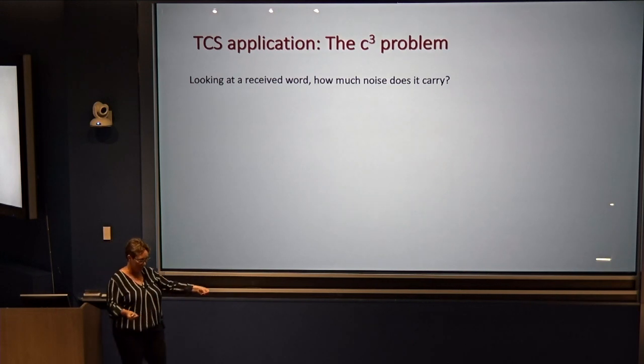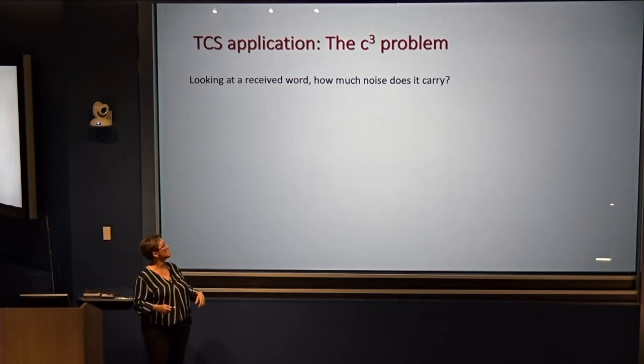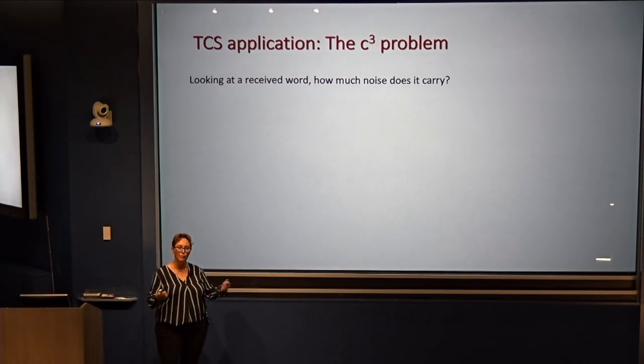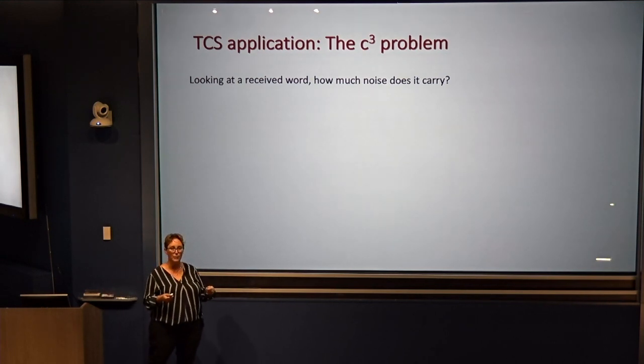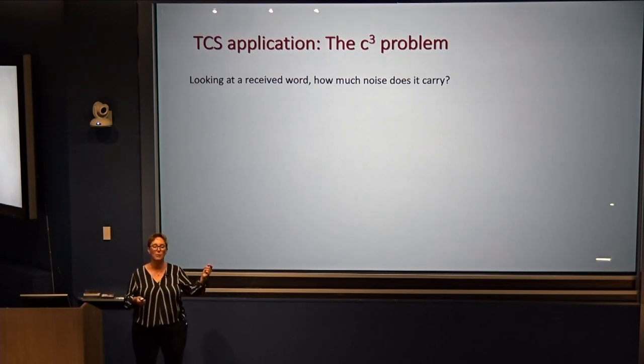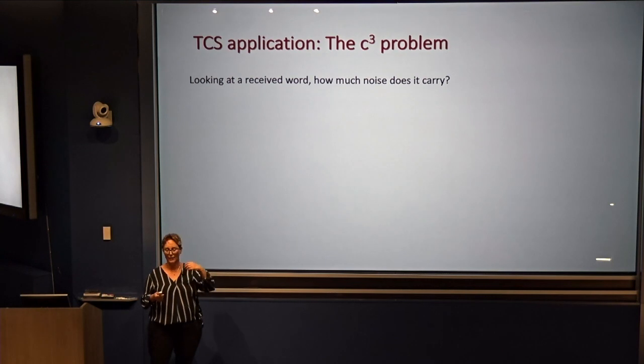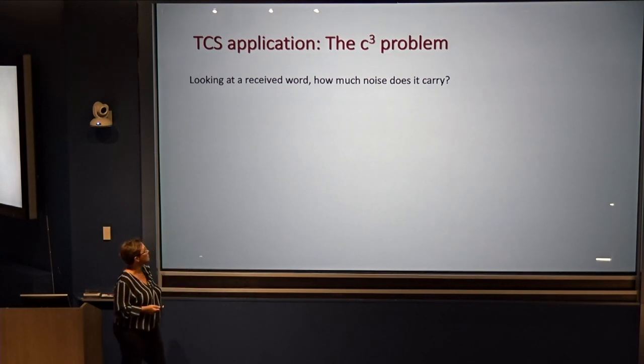How much noise does this string already have? You can just try to decode the string and see what happens. Maybe you'll fail, maybe you'll succeed. But maybe there's a better way. Maybe there's a faster way to quickly see if too many errors happened: just ask the sender to send it again, instead of wasting time trying to decode it.